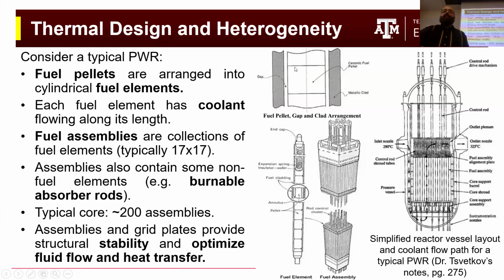Why do y'all think we need a gap? Think about what's going to happen to the fuel. How do we think the size of the fuel will compare at the beginning, when it's fresh, and a year later when we take it out after it's been fissioning for a really long time? How do we think the size of that fuel is going to compare?